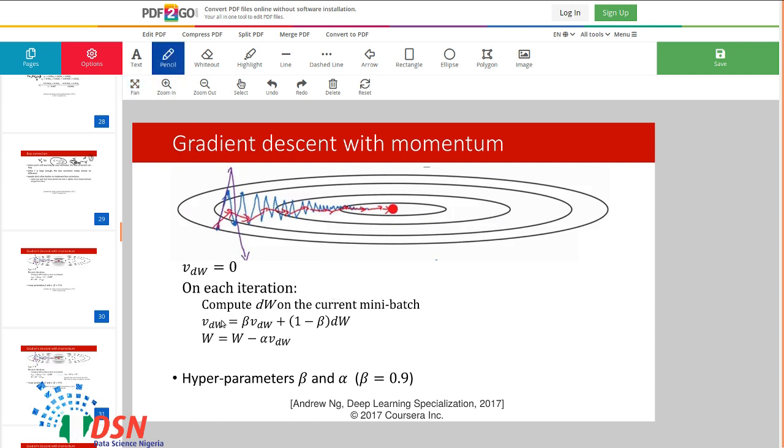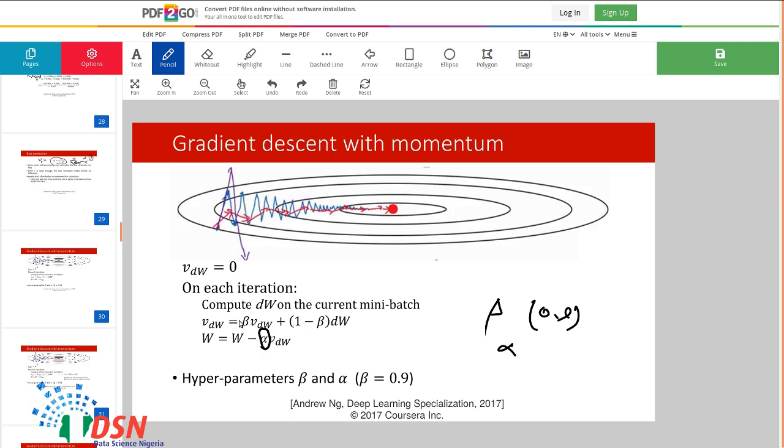Okay, so now we know gradient descent with momentum. We have two parameters here. We have beta, which is typically 0.9, and we have alpha, which is the learning rate, right?